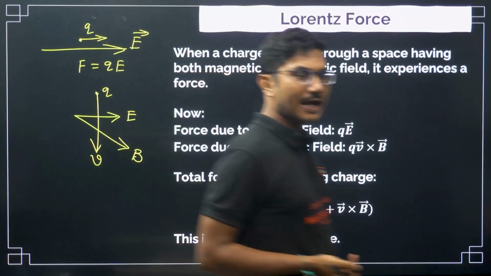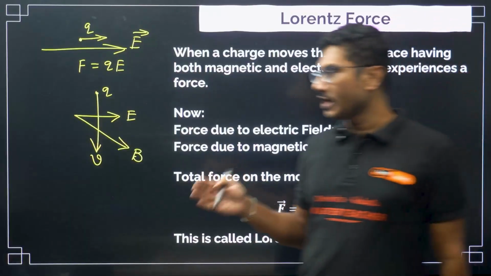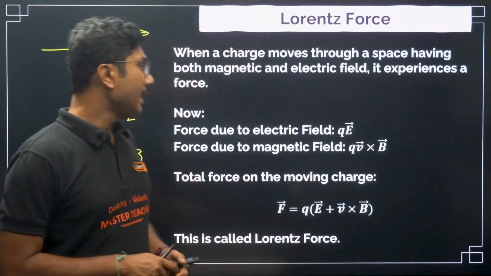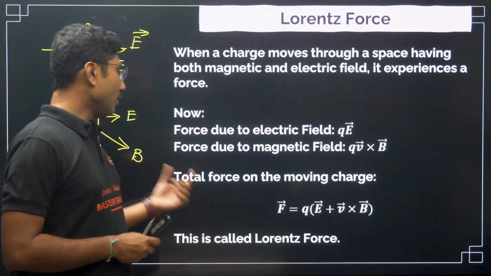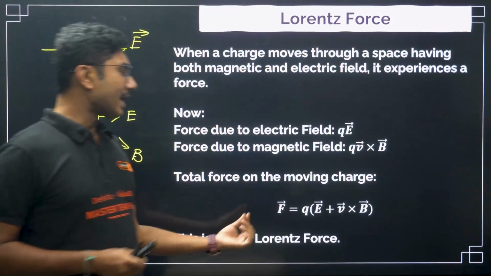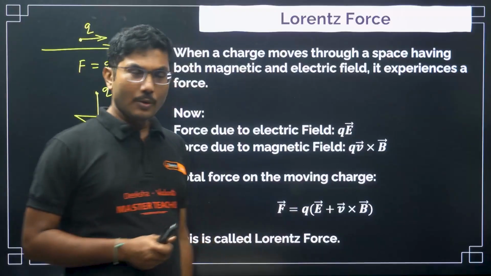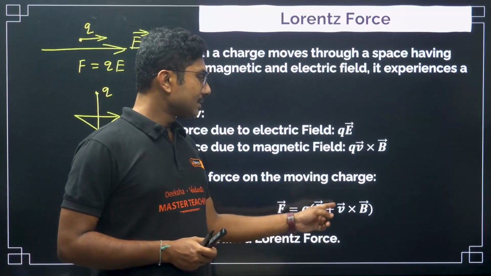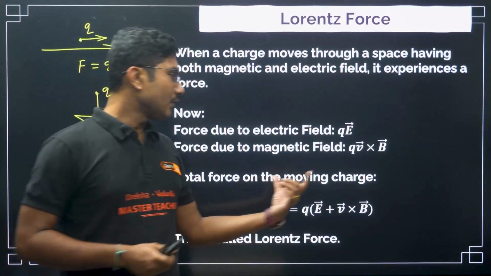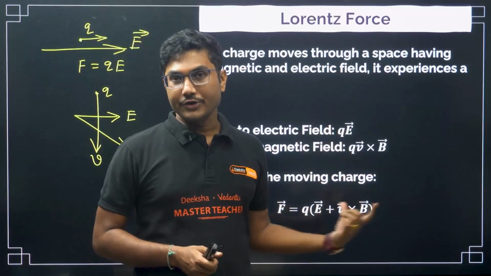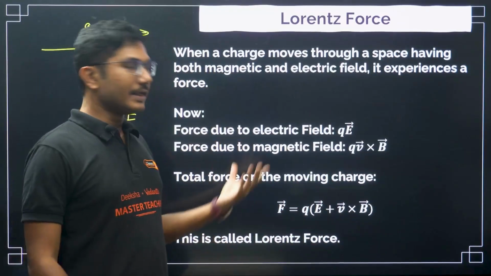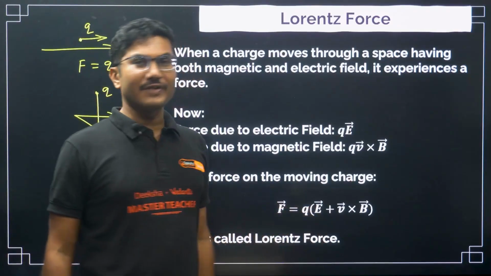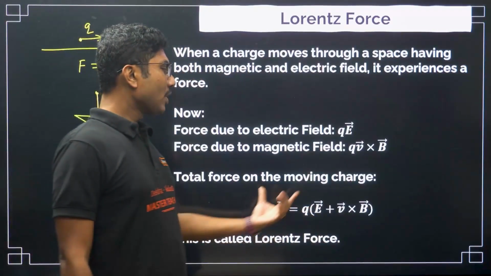It not only has magnitude, it also has direction. So V cross B gives me the magnetic force. The total force on the charge can be written as Q into (E plus V cross B). So this is the total net Lorentz force.